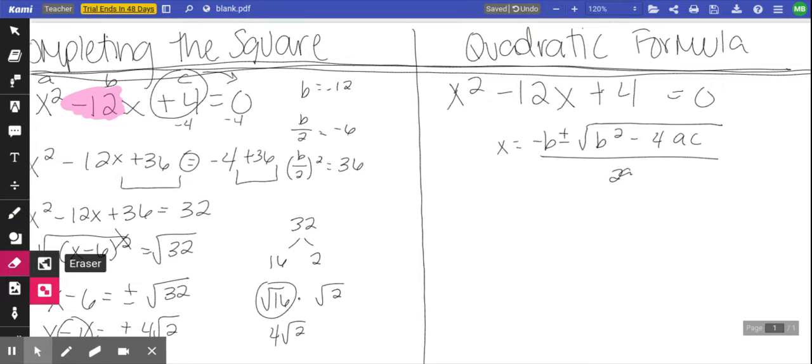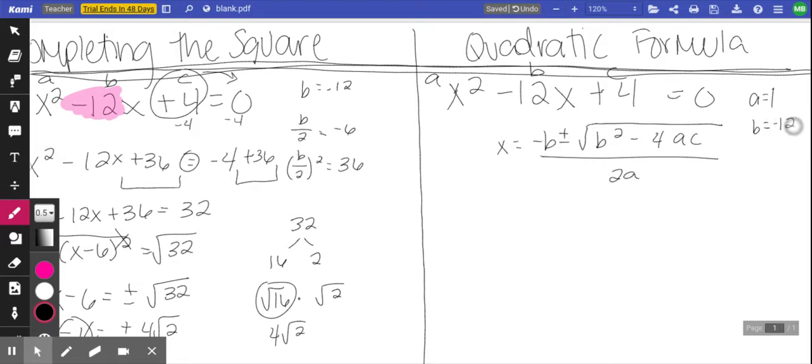So it's helpful if we start by identifying our a, b, and c. I have a is 1, b is negative 12, and c is 4. So then now I'm going to start by just plugging these things in.